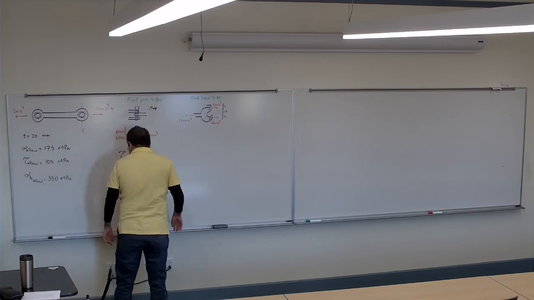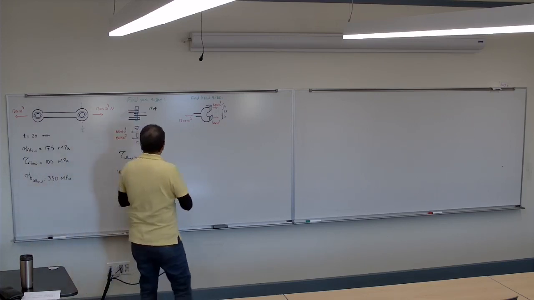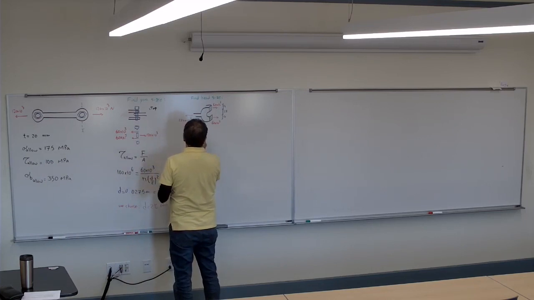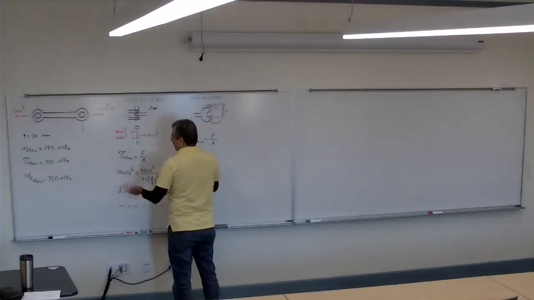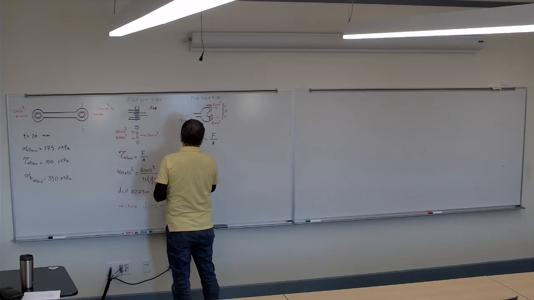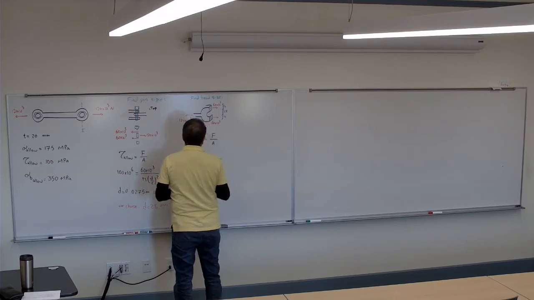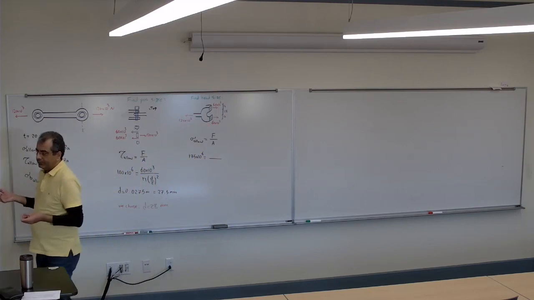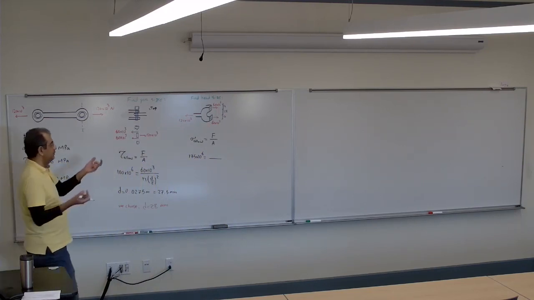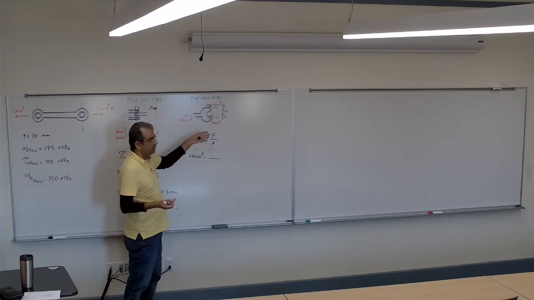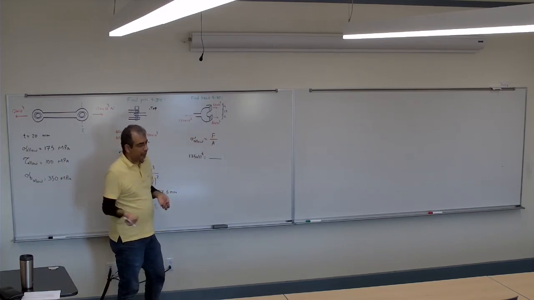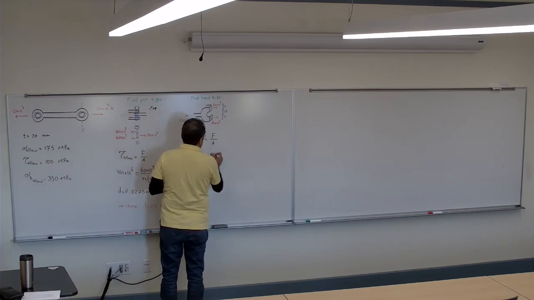So the allowable stress that I can have is force divided by area: 175 times 10 to the 6 is equal to the force that I have. I can use just one of the areas because it's symmetric. If it was not symmetric, I would have to use the entire area. So the force is 60 times 10 to the 3, and the area, how much is the area?